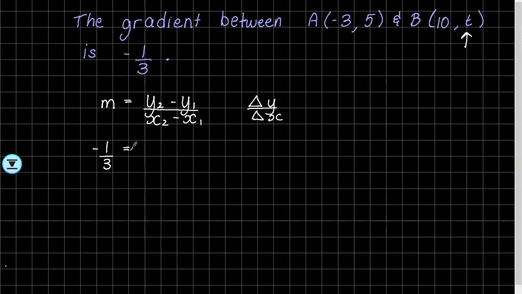In this case I don't care which is 2 or 1, but I want to start with my unknown, so it's going to be t take 5, all over 10 take 3. So this is where I'm not going to write 10 plus 3. I'm actually going to be bold and say 7. You can mix it up. If you want to write 10 plus 3, you can.